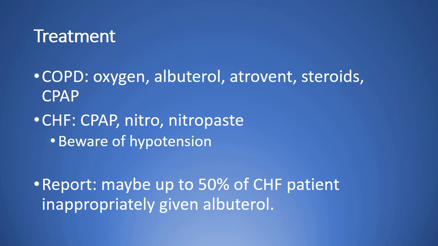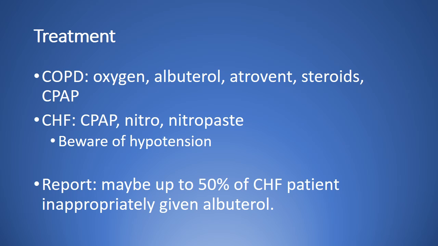Treatment for COPD is going to be oxygen, albuterol, Atrovent, steroids, CPAP if we need. With CHF, especially if she's not hypotensive, she could get CPAP, nitro, maybe even nitro paste. And the issue there is, why can't we just give them everything, cover our bases?